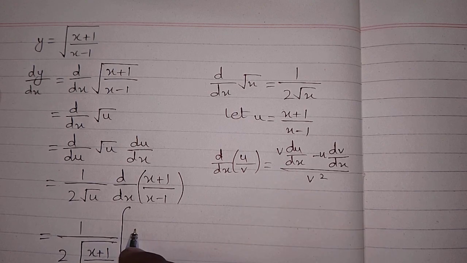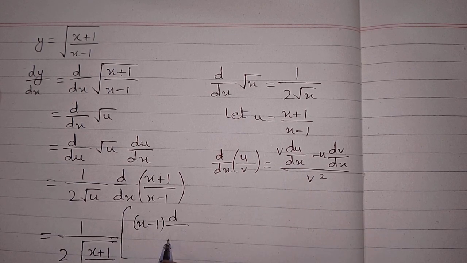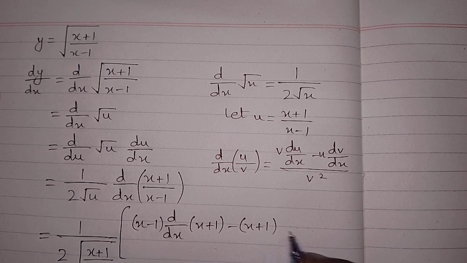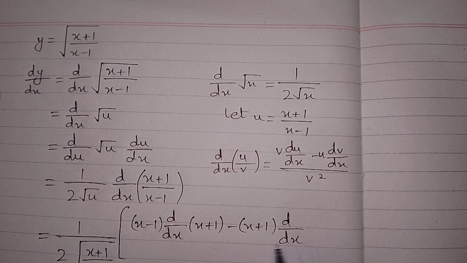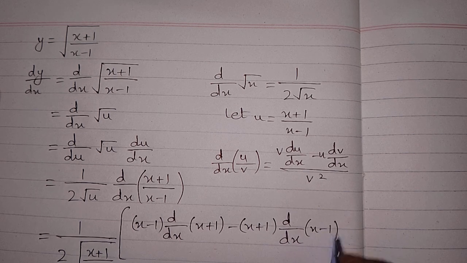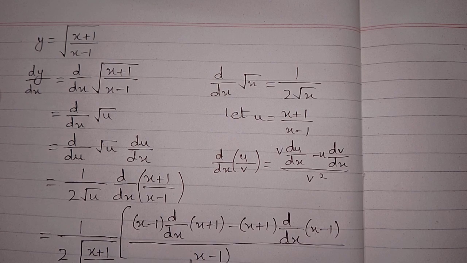So first we have v, which is x minus 1 multiplied by the derivative of u. So we have d by dx of x plus 1, then minus u. So we have minus (x plus 1) multiplied by the derivative of v. So we have d by dx of x minus 1 upon v square, (x minus 1) whole square.